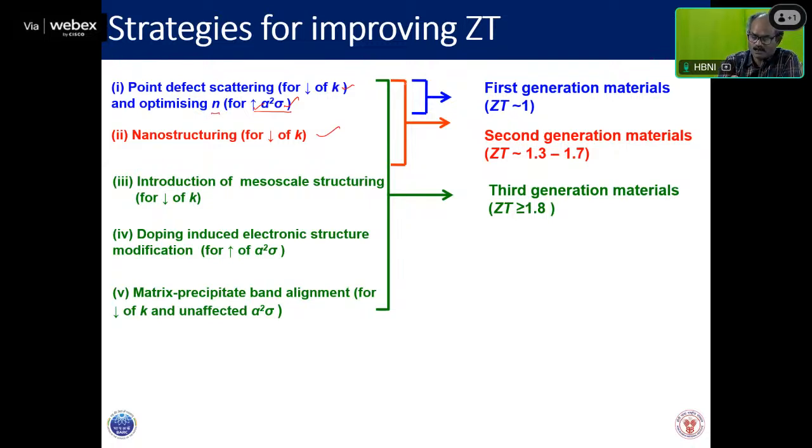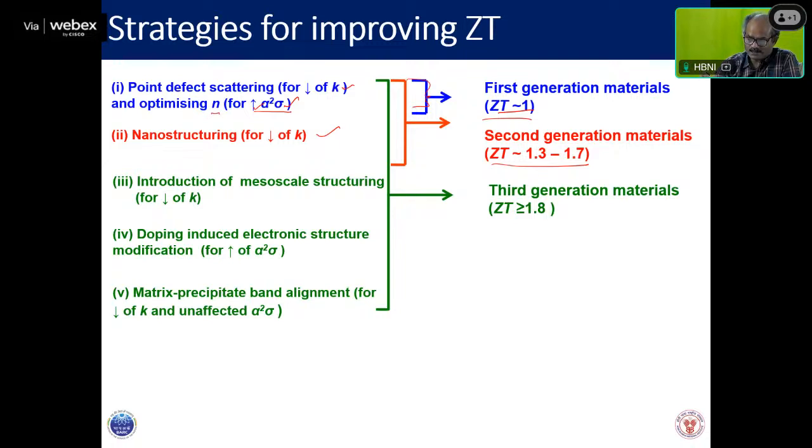These are first generation materials where ZT was nearly 1. For second generation materials, where ZT is 1.3 to 1.7, both point defect scattering, optimization of carrier concentration and nanostructures were used together.